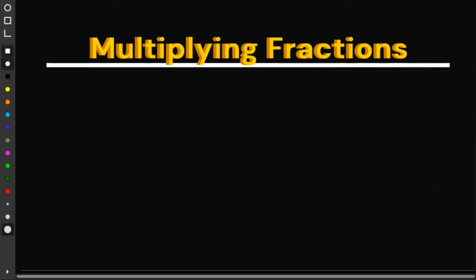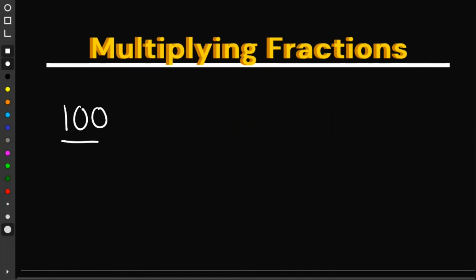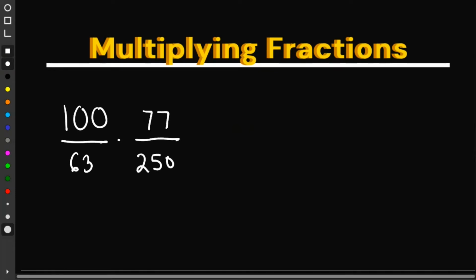Let's have another example. If we have 100 over 63 times 77 over 250. Now clearly, this one is very hard to multiply if you try to.